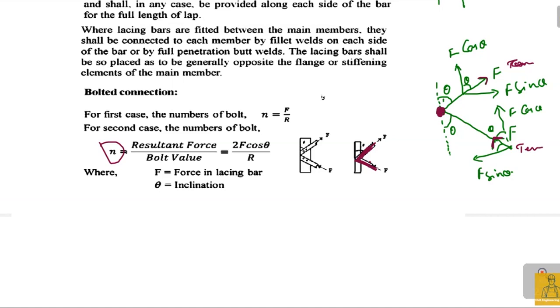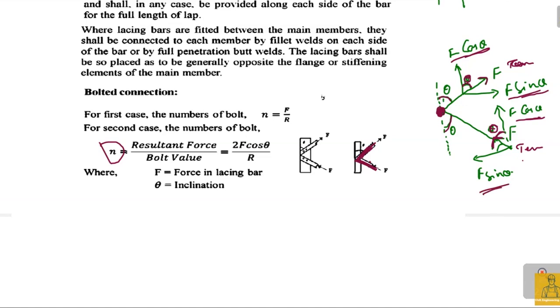So this is theta, the inclination of the lacing bar with the vertical. Now according to that, this also will be theta and this also will be theta. So now resolve this force. This is F cos theta upward, and this is F sin theta inward, and F cos theta again upward, and this is F sin theta.